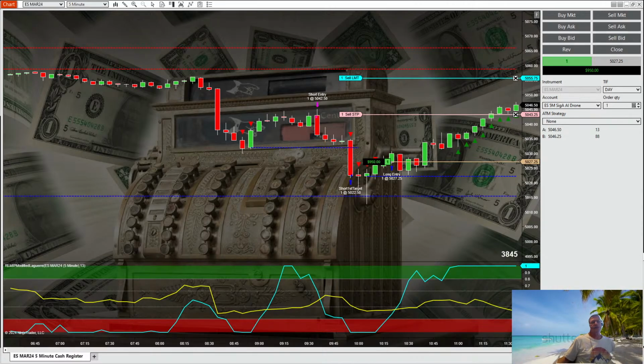Looking at the way this one traded, I really like this strategy. By far today the most efficient. Took 2 trades, 2 monster winners. That's the ES5 range on a signal A entry.